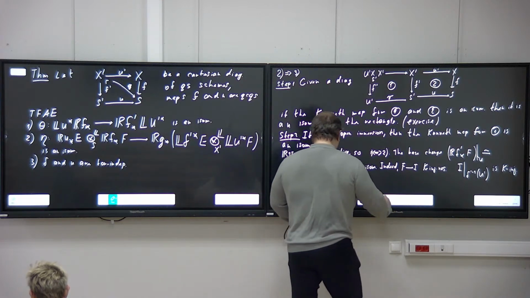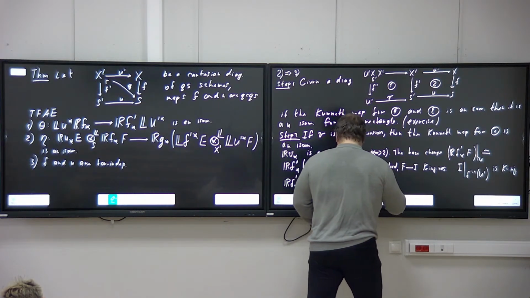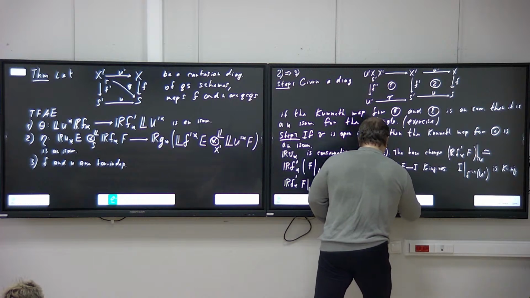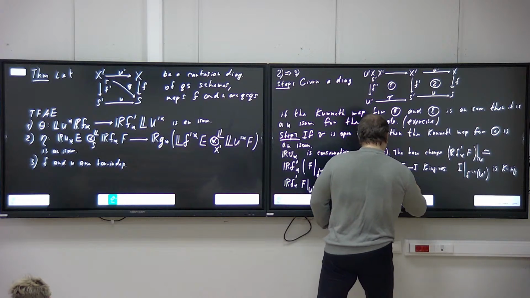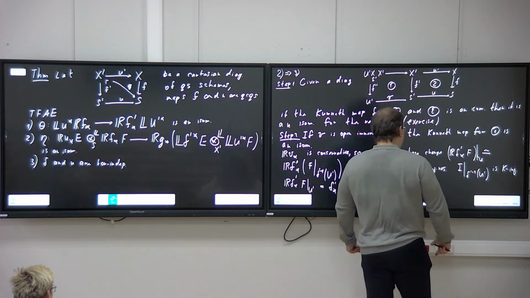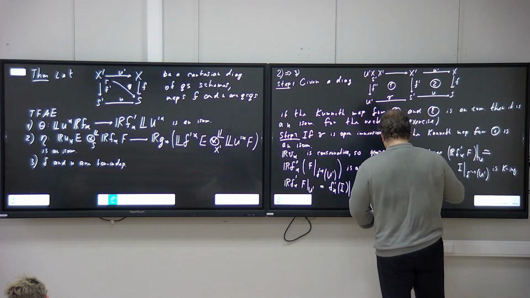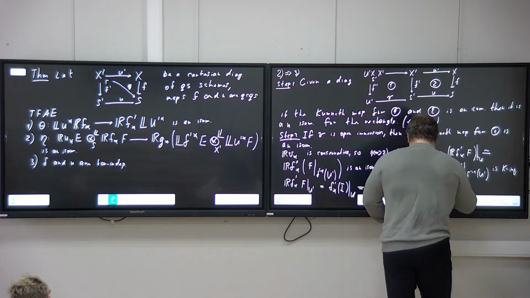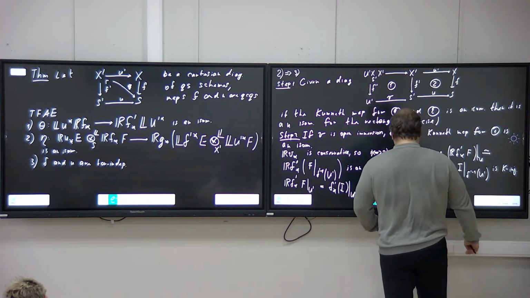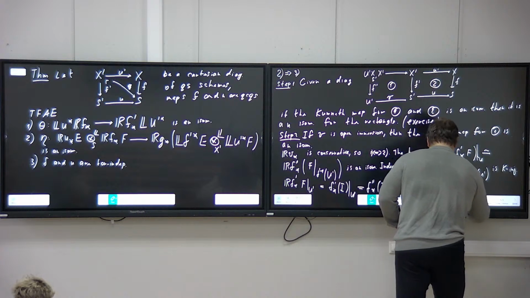So then by the underived version, this is f double prime push forward of the resolution restricted to the f prime inverse of the u prime. And again, by this remark that the restriction is still k-injective, this will be a resolution of the F restricted to this subset. So I can write this as the derived functor of the push forward of f double prime of the F restricted to this thing.